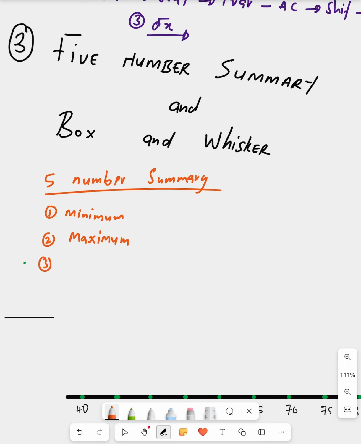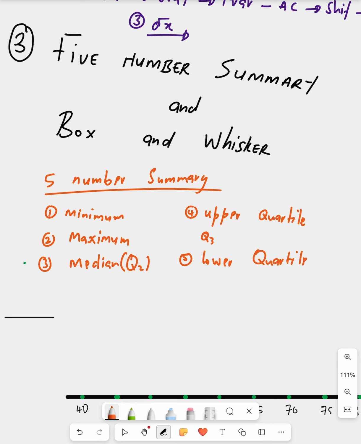Number 3, the median, which is your Q2. Number 4, the upper quartile, which is your Q3, and number 5, the lower quartile, which is your Q1. So that is your 5-number summary.